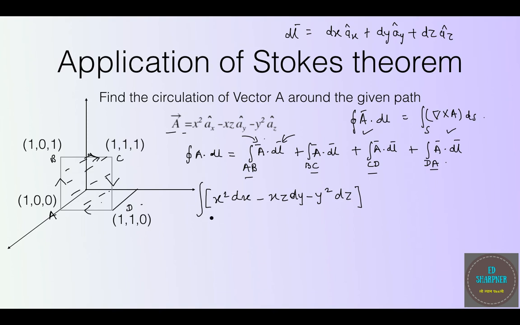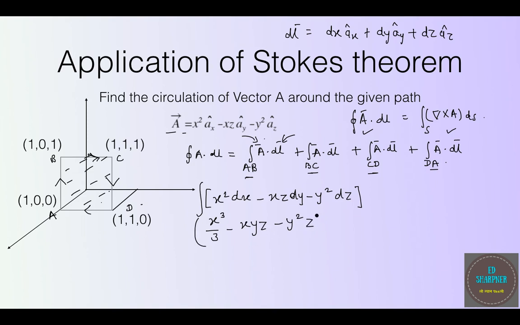Now we will take the integration along the path AB, BC, CD and DA. First we will compute the integration for the path AB, but before that let us compute the integration. So we get x cube by 3 minus xz y minus y square z.